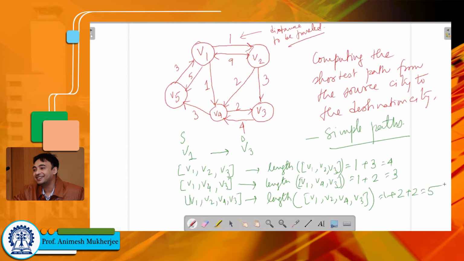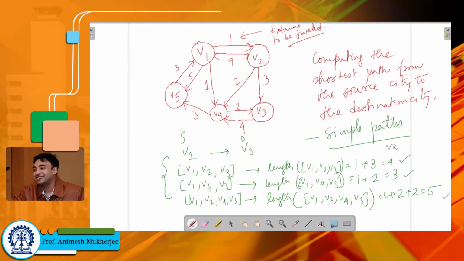So you can have, as I said, this is an optimization problem and you can have multiple candidate solutions. Okay. Now each candidate solution has a value associated with it.